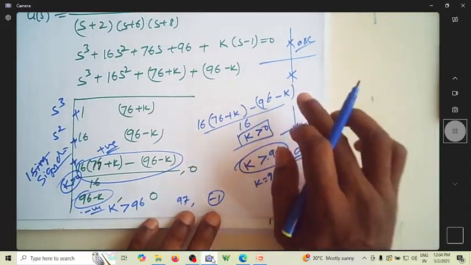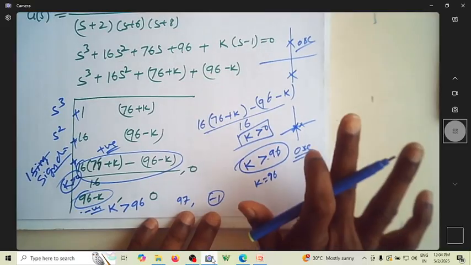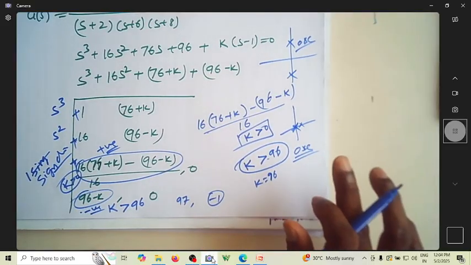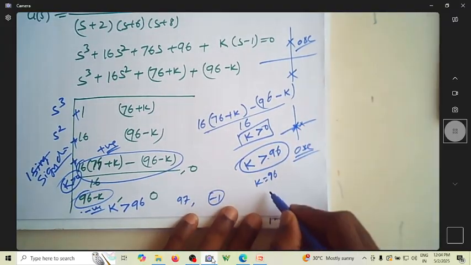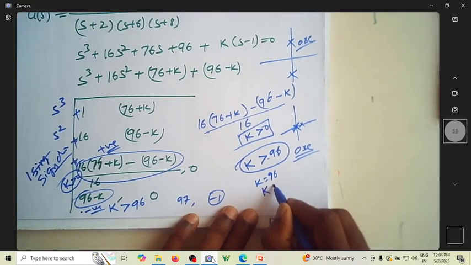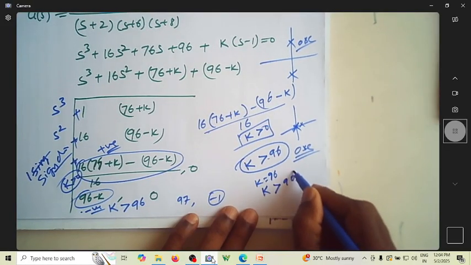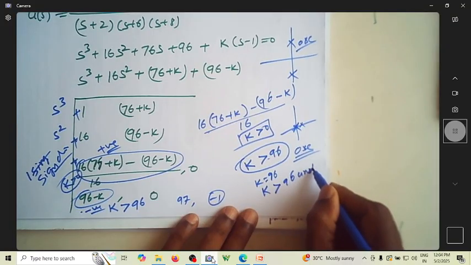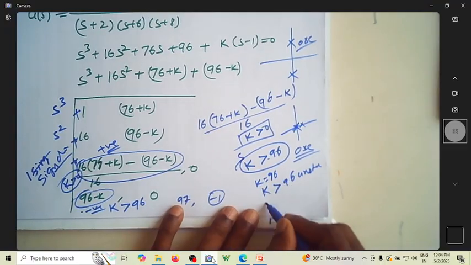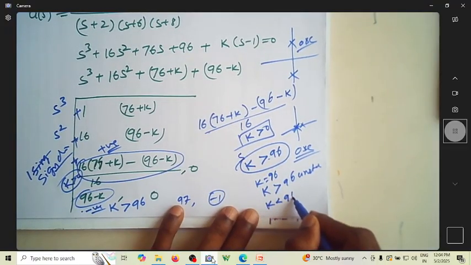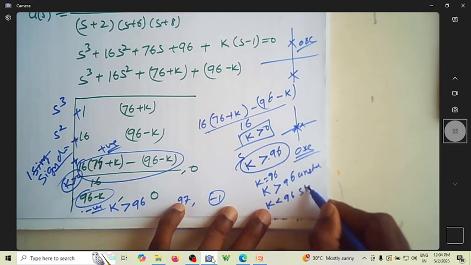The system is not oscillating, but it is not stable, and if the value of k is greater than 96, then it is unstable. For k less than 96, it means stable.